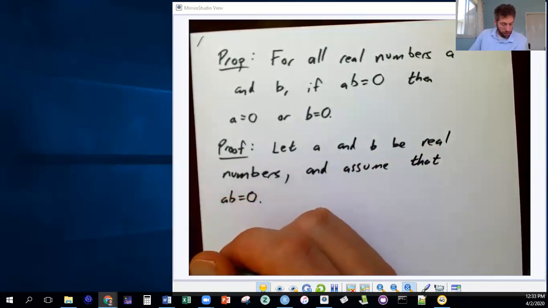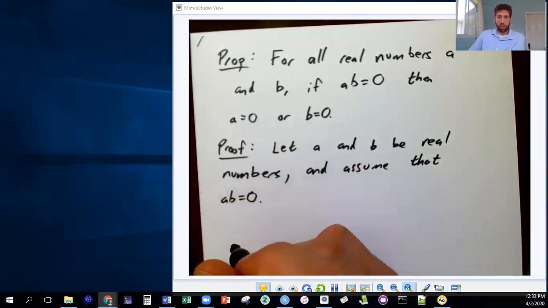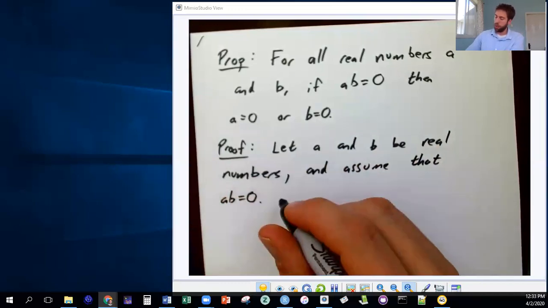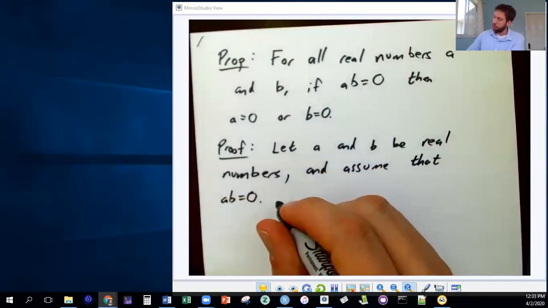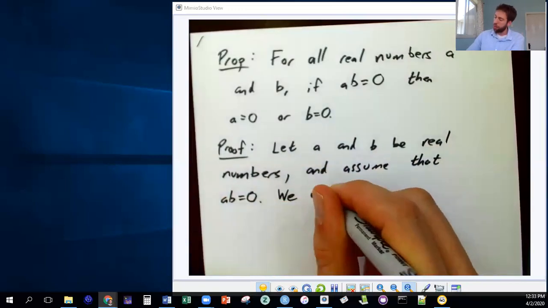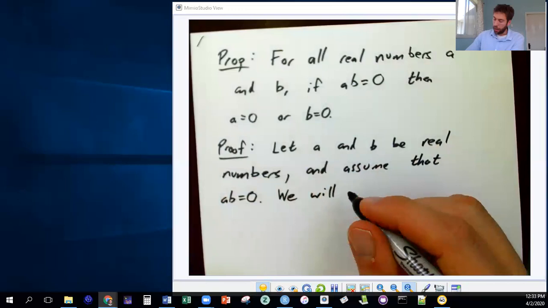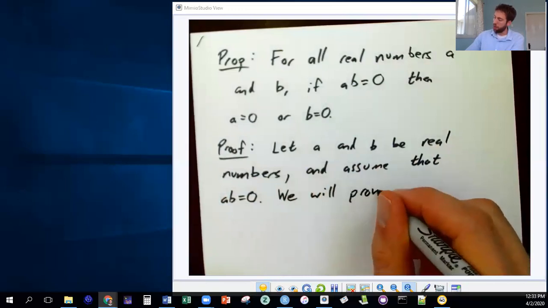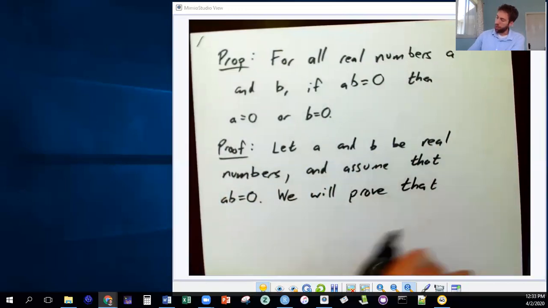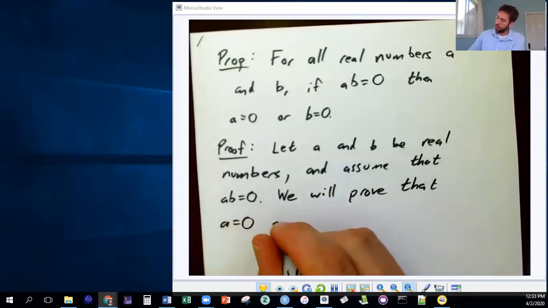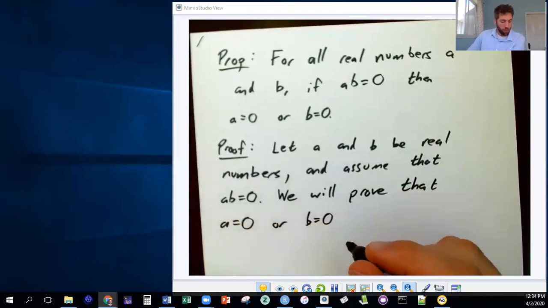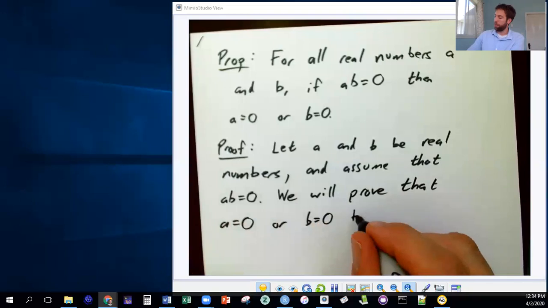We will prove that A equals 0 or B equals 0 by considering two cases. I'll write it the same way they do.